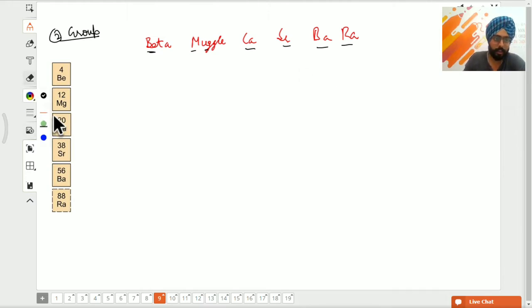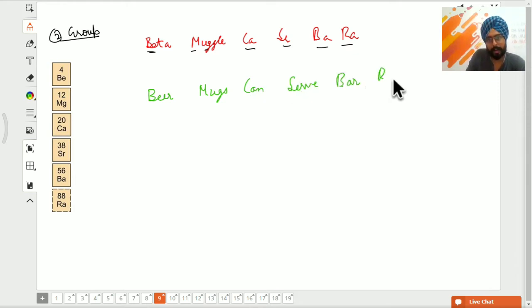Okay, and the way you can memorize it in English is "beer mugs can serve bar rats." Okay, so instead of imagining beta muggle whose head is huge, you can think of beer mugs that can serve bar rats.